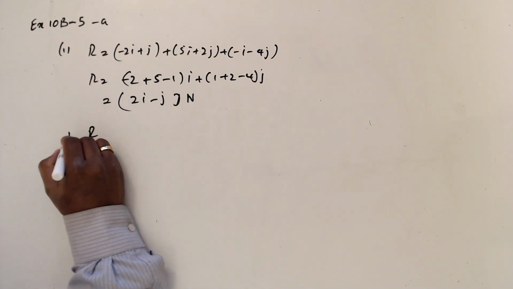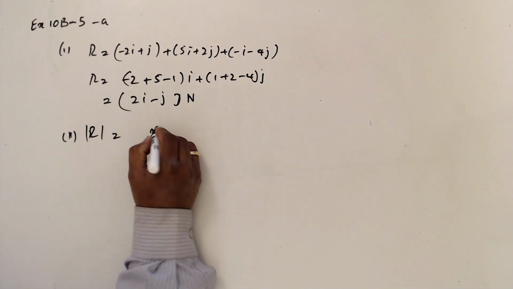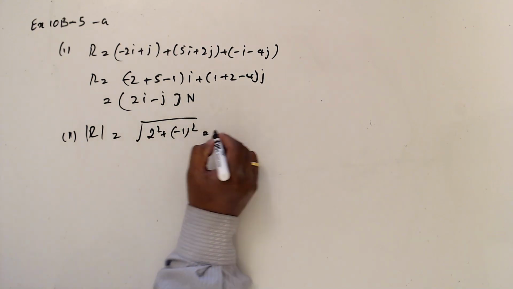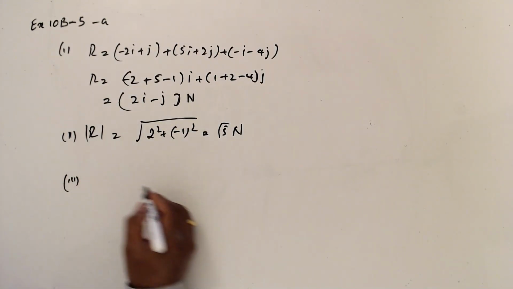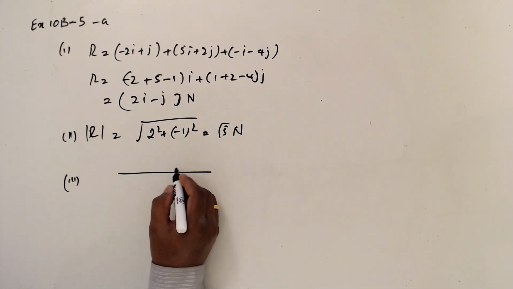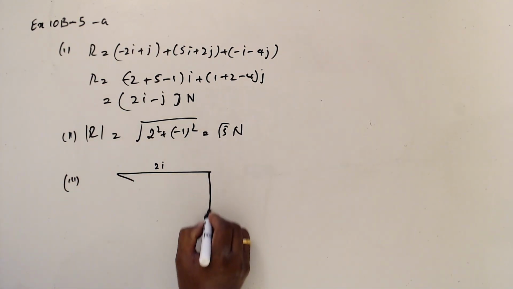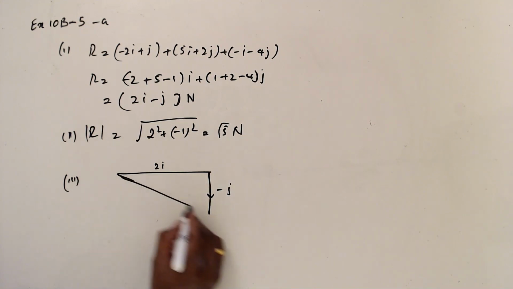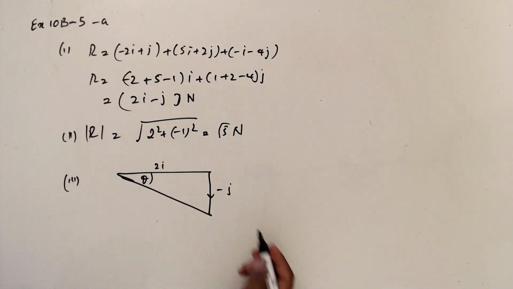And the magnitude is mod R equals the square root of 2 squared plus (minus 1) squared, which is root 5 Newton. So we need the direction now. 2i and minus j. We'll take this as theta.